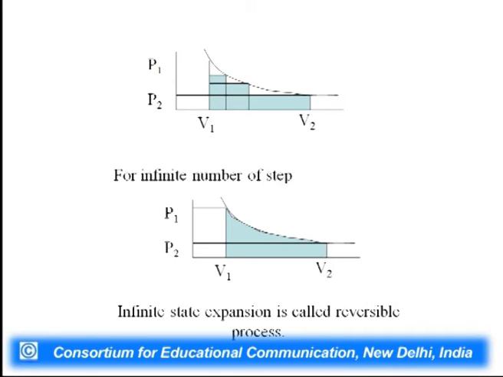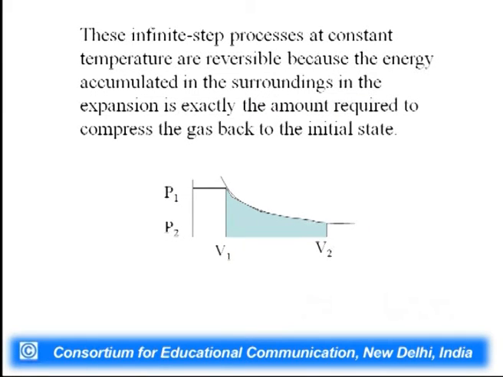So, in the reversible process you can get the maximum amount of work, and that is why the reversible process has its importance in thermodynamics. In one step, the work done by the system will be minimum. If you go in an infinite number of steps, you can get the maximum work from the system.